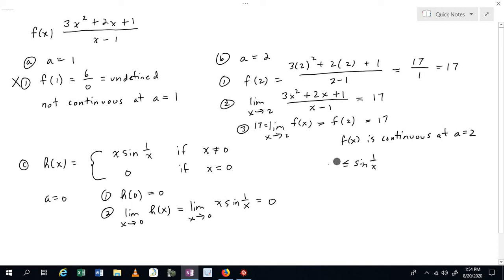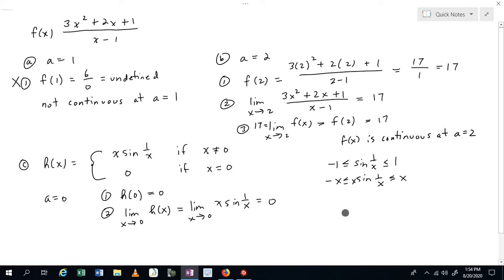We first started with the idea that the sine of 1 over x is trapped between -1 and 1. And then we multiplied all three sides of this by x, giving us this compound inequality.